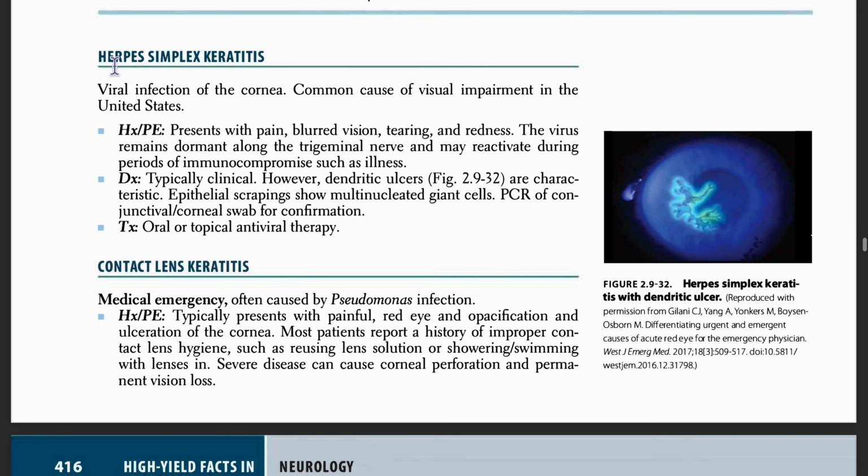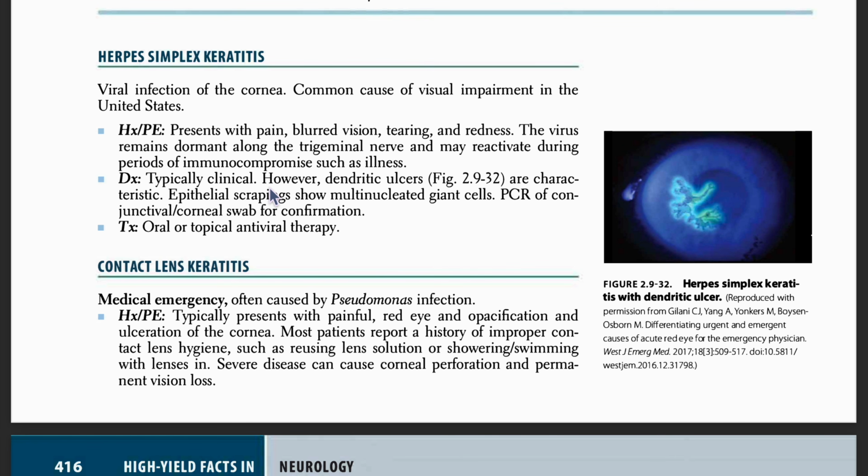Okay. Herpes simplex keratitis, viral infection of the cornea, common cause of visual impairment in the United States. History and physical examination: presents with pain, blurred vision, tearing, and redness. The virus remains dormant along the trigeminal nerve and may reactivate during periods of immunocompromise, such as illness.